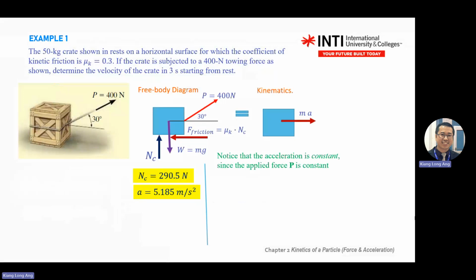So recall the three Newton equations: V equal to something, V squared equal to something, delta S equal to something. You try out which one will help you, right? This one you are given t, you are given the initial velocity, it starts at rest. So you have your u or v naught plus at.